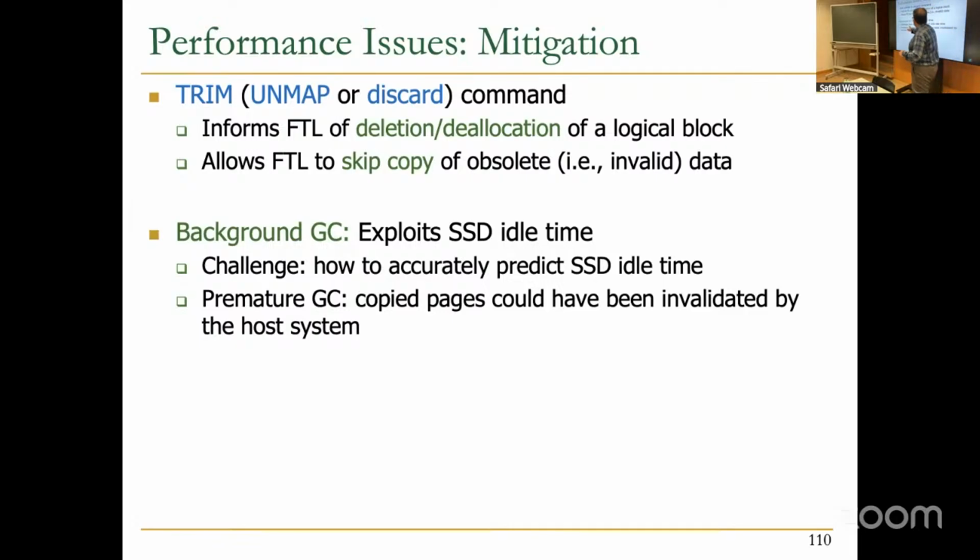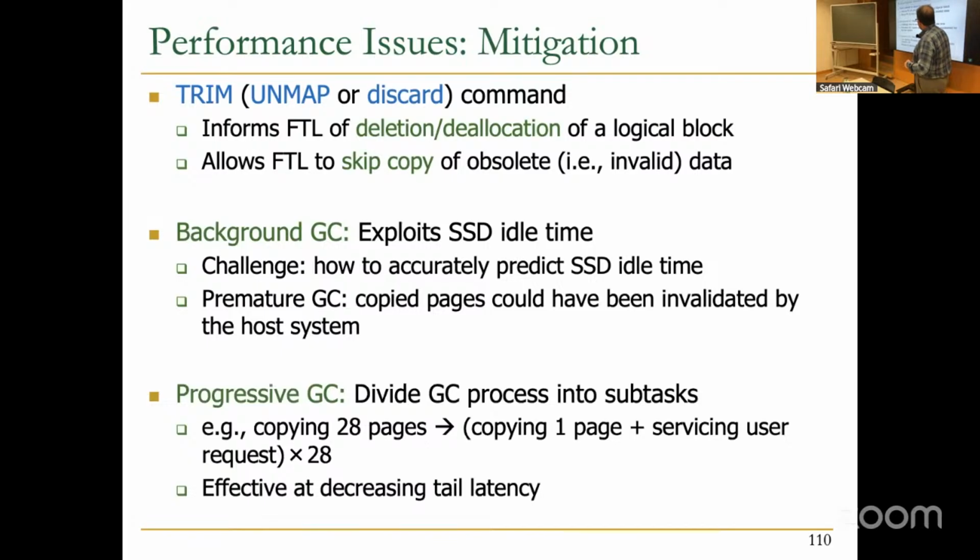You can also do garbage collection in the background. The challenge is how to accurately predict SSD idle time. People have worked on it. There are heuristic techniques, and also machine learning techniques, to understand when the SSD is idle in order to schedule garbage collection requests. You can also do progressive GC, where you divide the garbage collection process into subtasks.